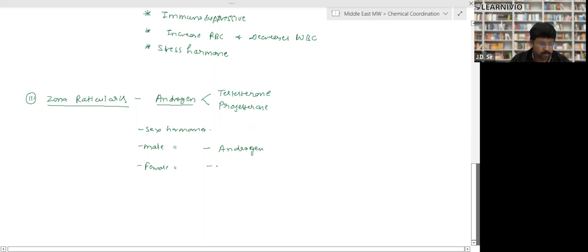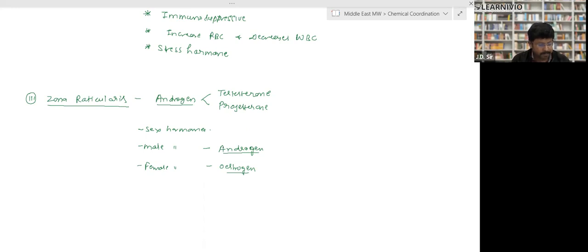Female sex hormones are estrogen, which maintains the secondary sex characteristics in females. Full stop.